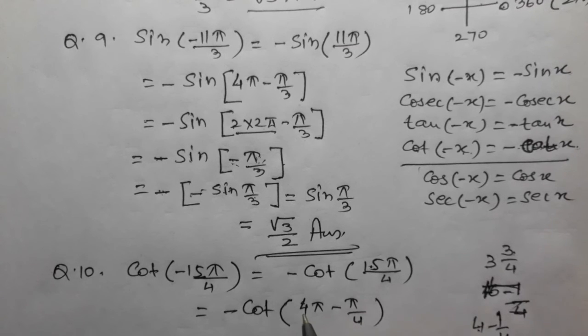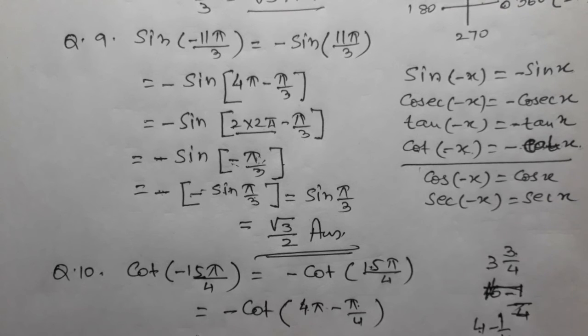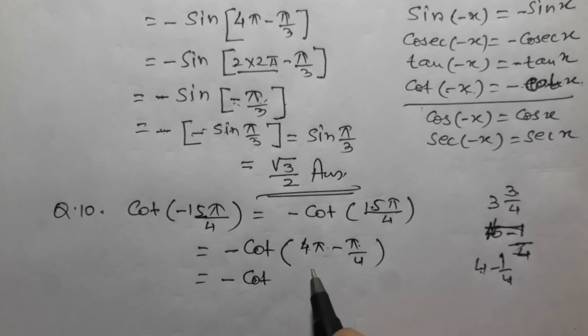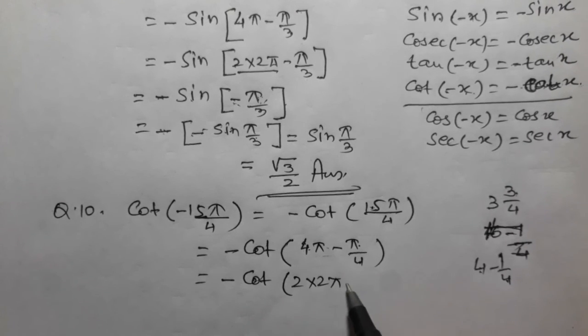So this will be 4 into 4, 16 pi minus 1 pi is equal to 15 pi. Again we are writing here minus cot of 2 into 2 pi minus pi by 4.